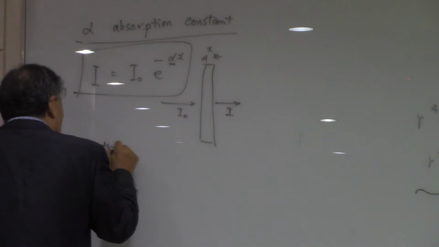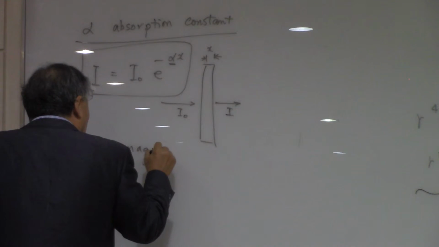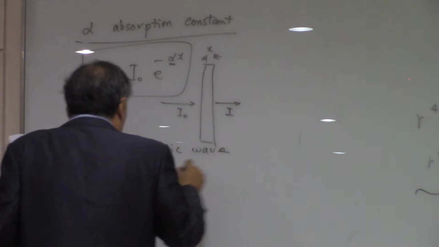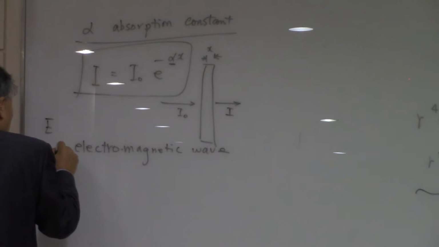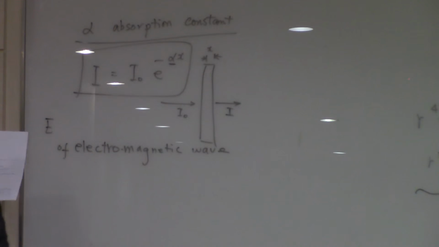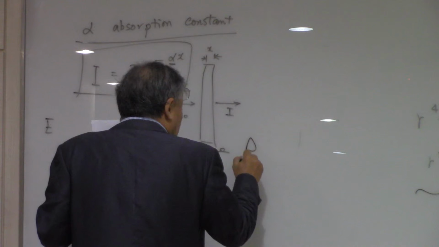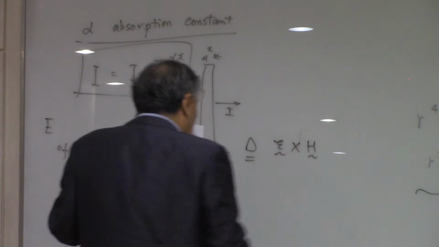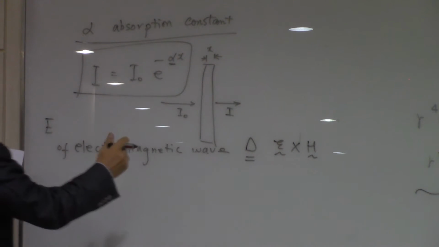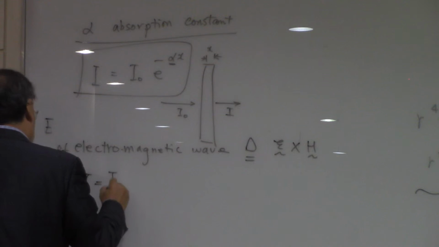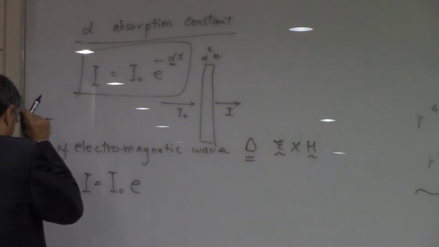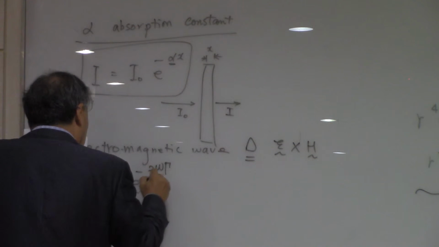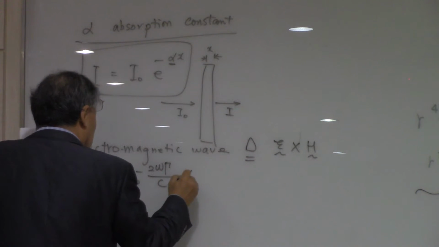Electromagnetic wave, that is light, right? The energy of the electromagnetic wave can be defined by the electric field and magnetic field current, right? Something like that. So the intensity is going to be e to the minus 2 omega gamma over C x.